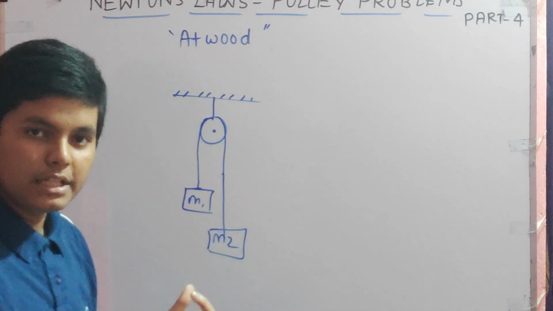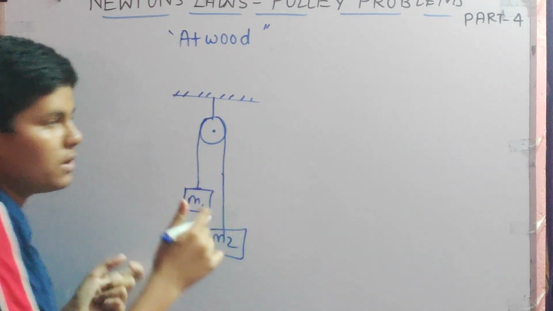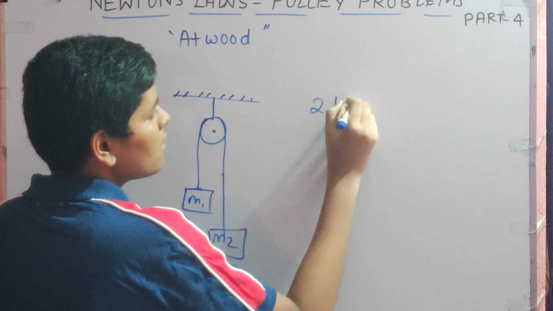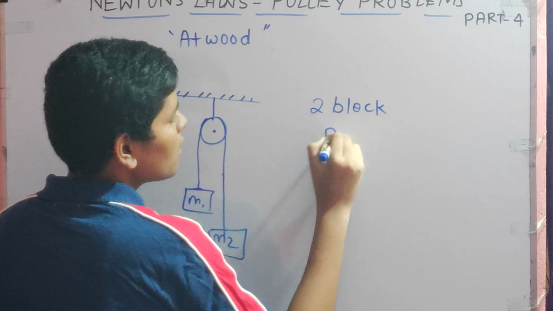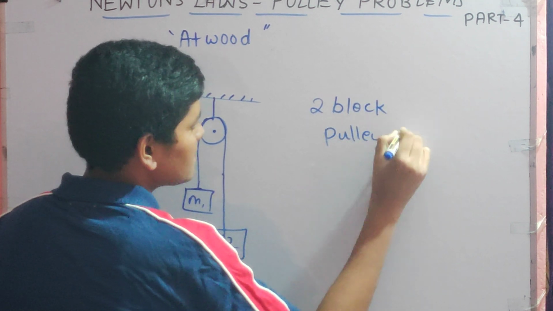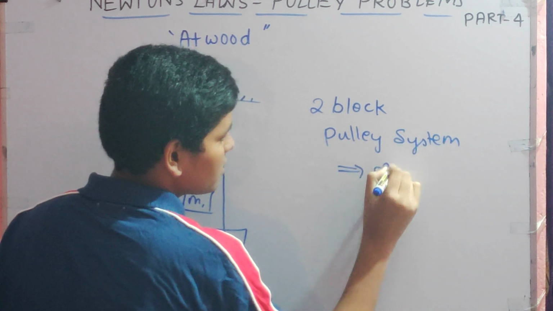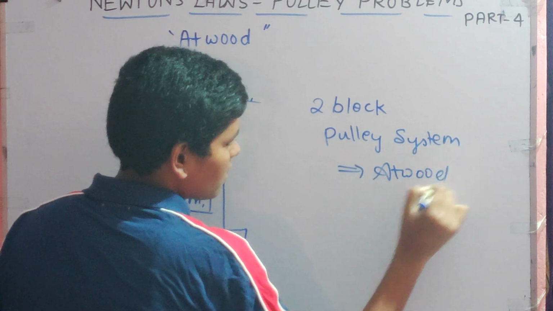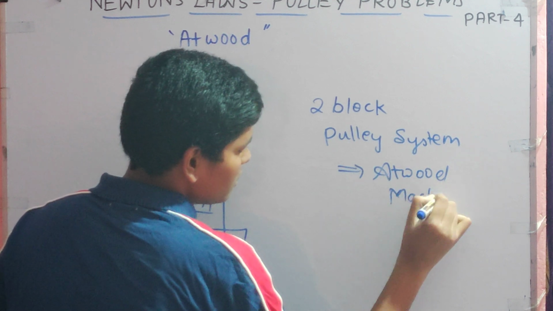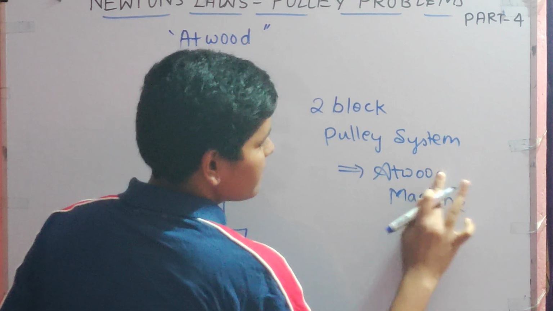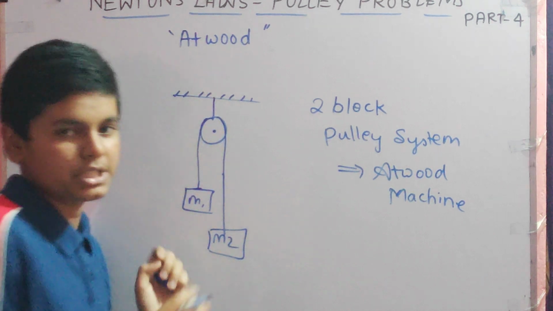This two-block pulley system is called an Atwood machine.